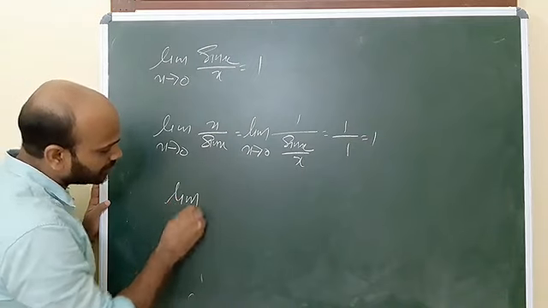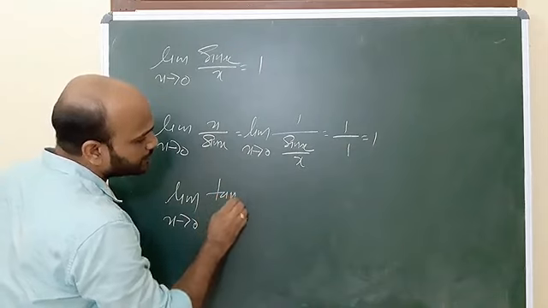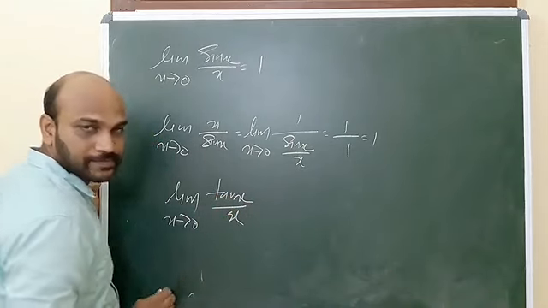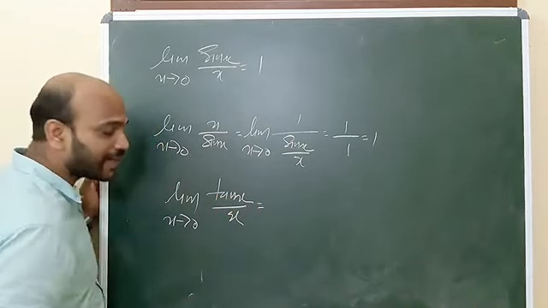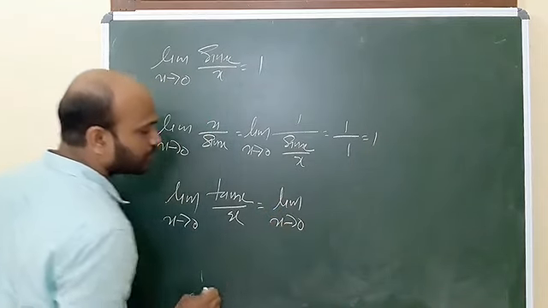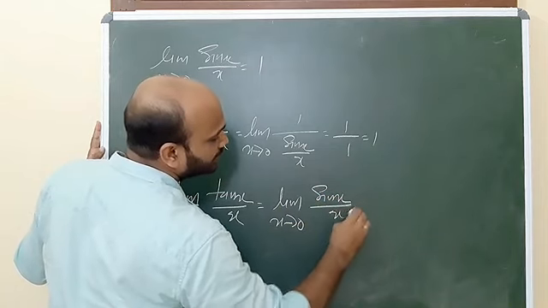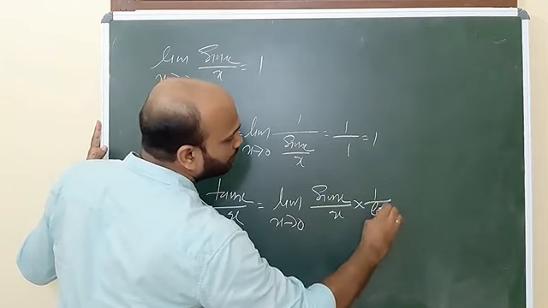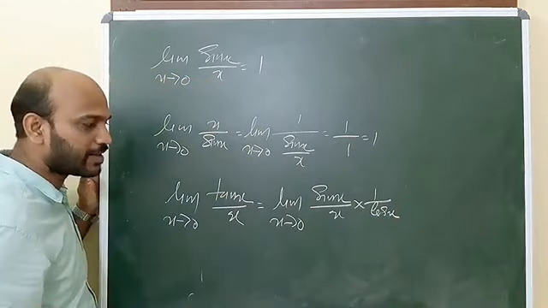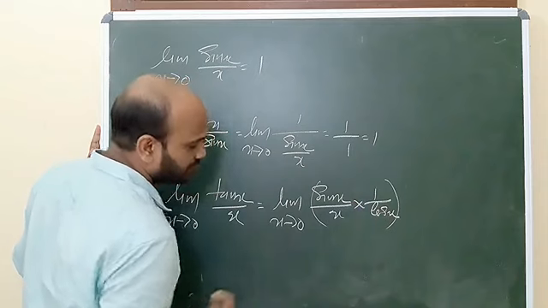Now next result, limit x tends to 0 tan x by x. This one you can rewrite as limit x tends to 0 sin x by x into 1 by cos x. Right. Now we can apply the limit to the first function and the second function.